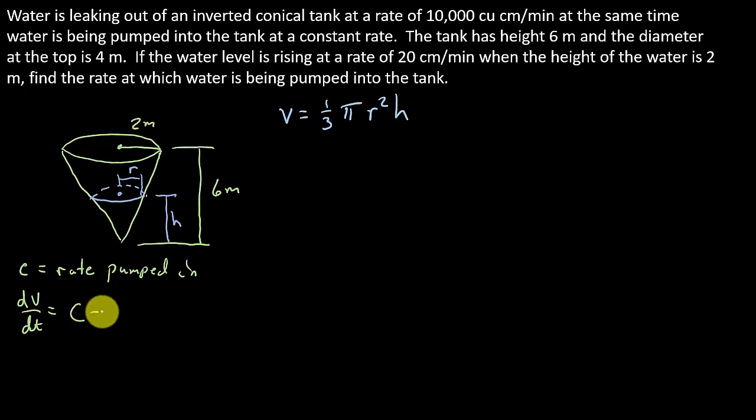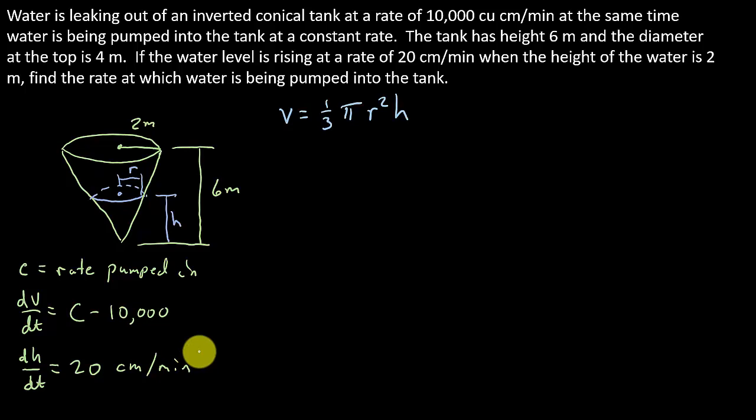That's just C minus 10,000, the rate in minus the rate out. That's going to be the change in volume. And then they tell us the water level is rising at 20 centimeters per minute. So that's telling us dH/dt, which is equal to 20 centimeters per minute.